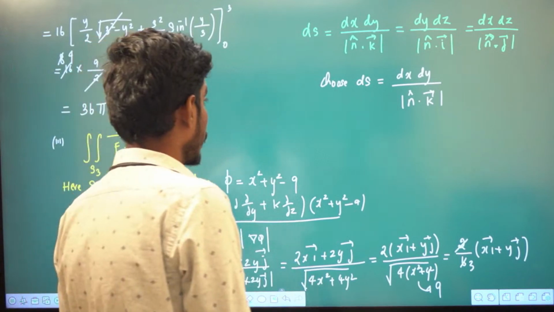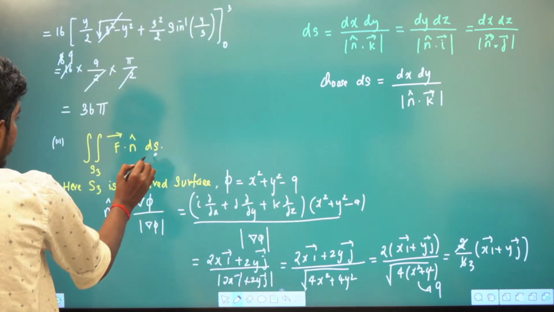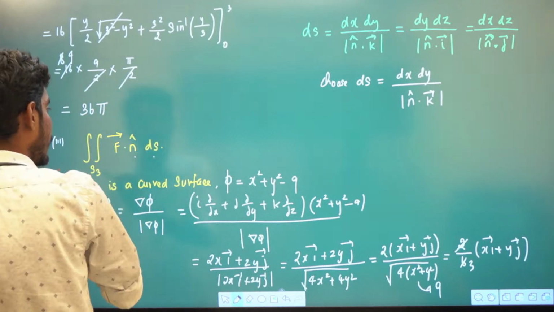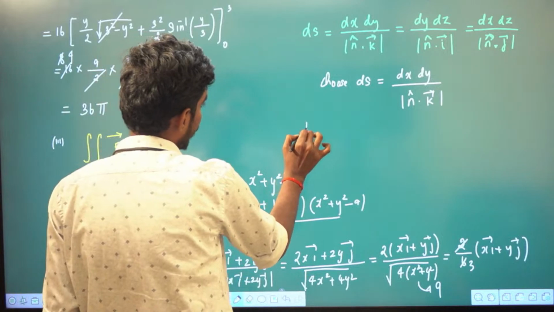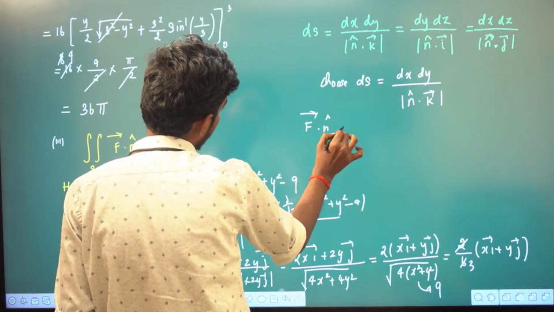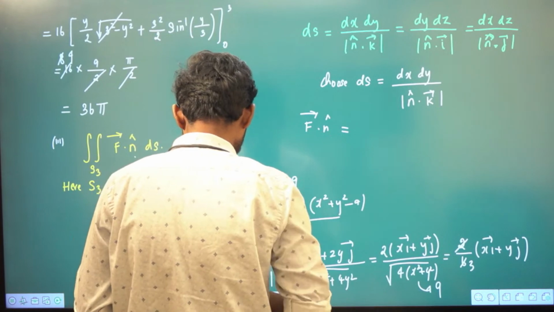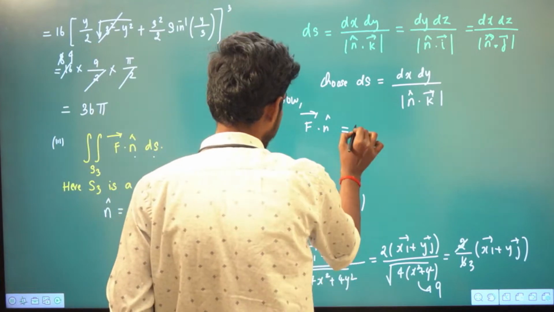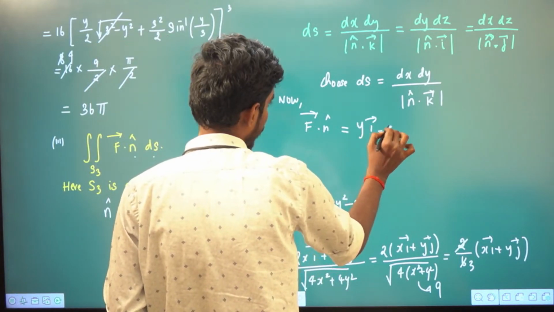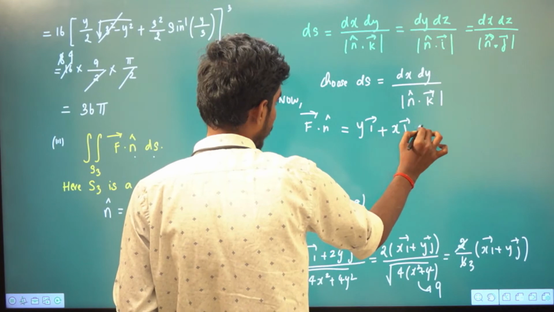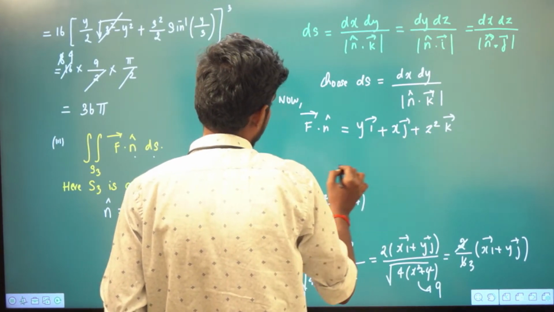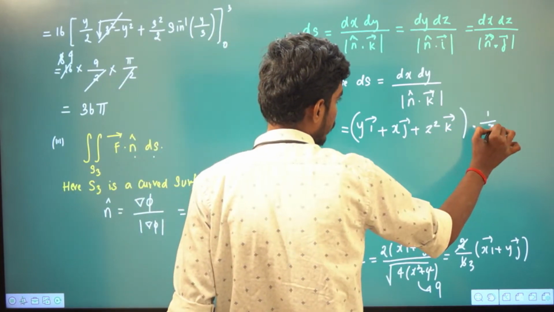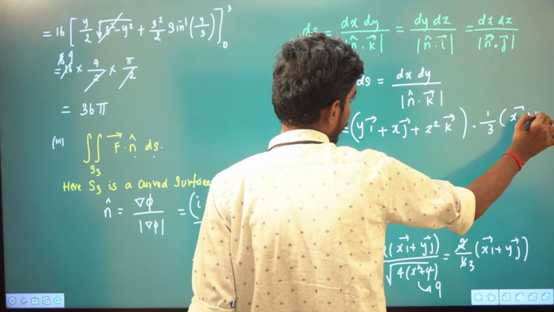Now we know ds, we know n cap. Let us make the dot product f dot n cap and then ds. What is the f vector? It is given in the question: y i vector plus x j vector plus z square k vector, dot n cap. So n cap is 1 by 3 (x i vector plus y j vector).